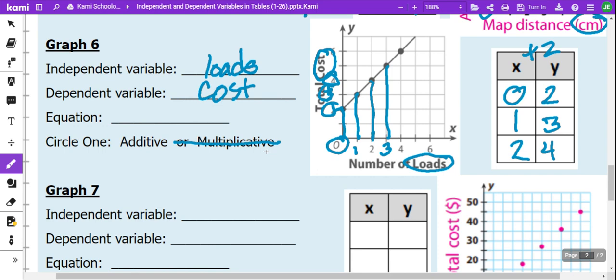Multiplying would not work. 0 times anything would be 0. So we have an additive relationship, and then it's x plus 2 equals y.